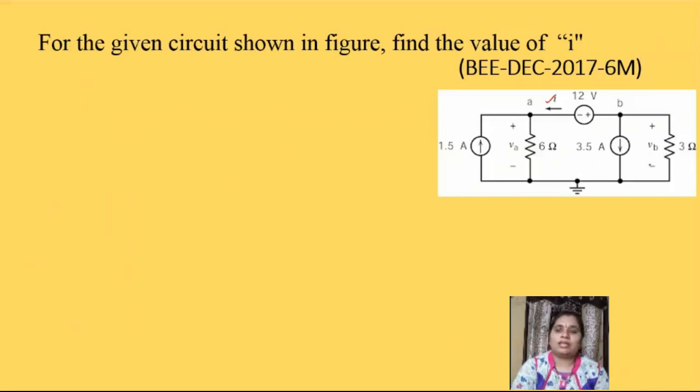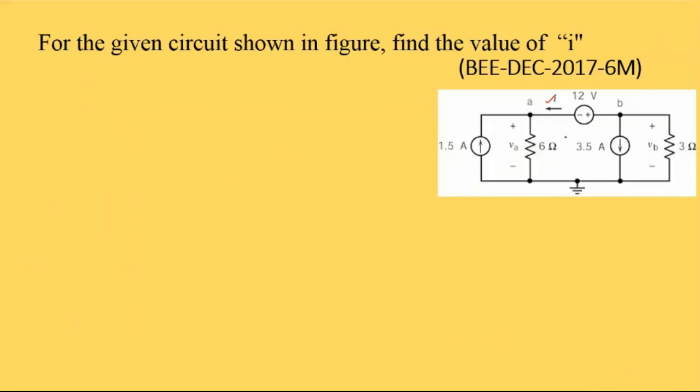If you look at the circuit, you can see that between nodes A and B there is a voltage source given. If it were a resistor, we would have used normal nodal analysis, found the voltages across these junctions, and found the current in that particular resistor.